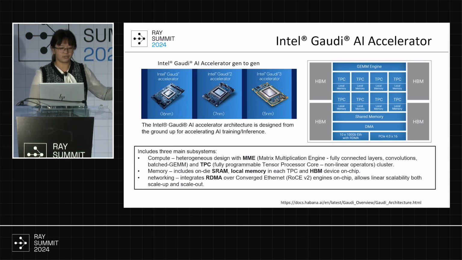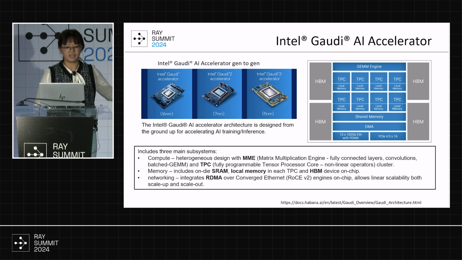If you look at the page here, the upper part is the Gen engine, which is MME, and underneath is the TPC. So what is MME? MME is a matrix multiplication engine, which is responsible for all the linear operations, such as fully connected layers or convolution layers.